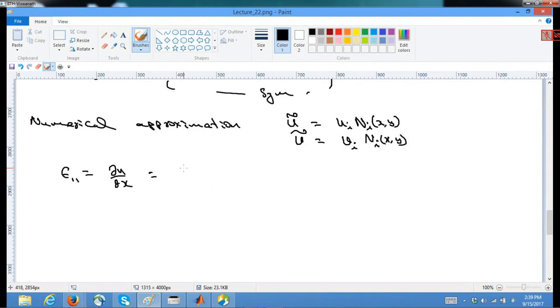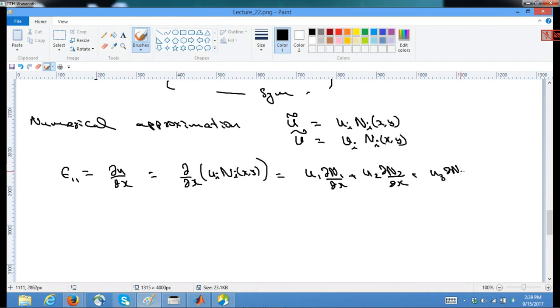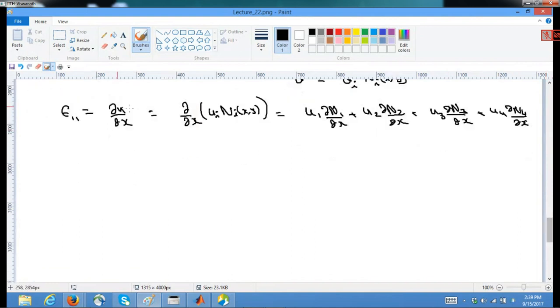So what we did was ∂u/∂x, with u = Σ ui Ni(x, y). So this has become u1 ∂N1/∂x + u2 ∂N2/∂x + u3 ∂N3/∂x + u4 ∂N4/∂x. Similarly, epsilon 2 2 was ∂v/∂y.